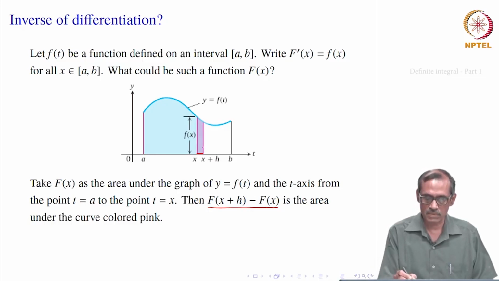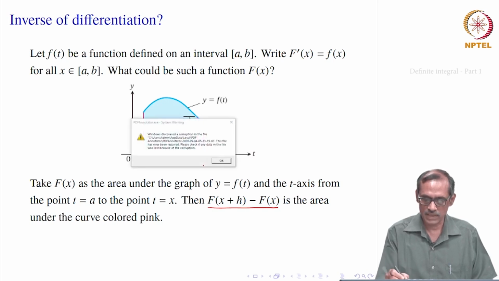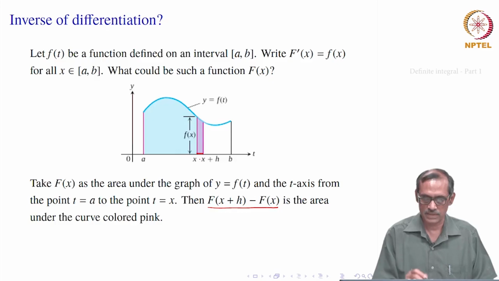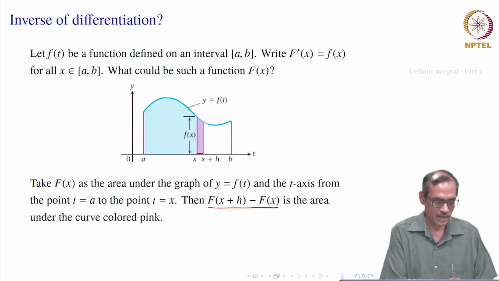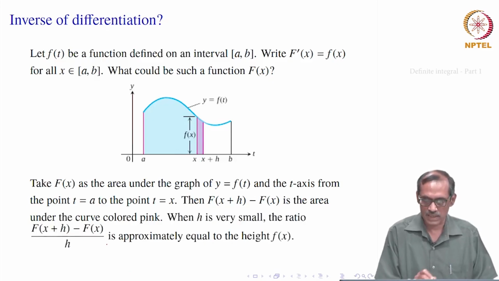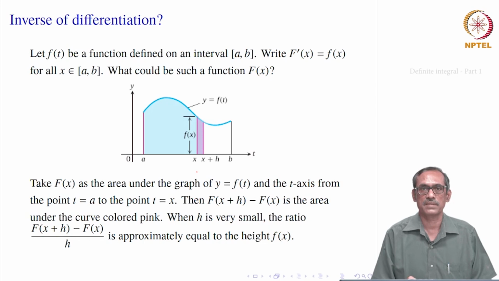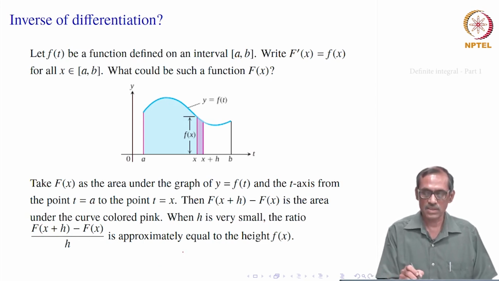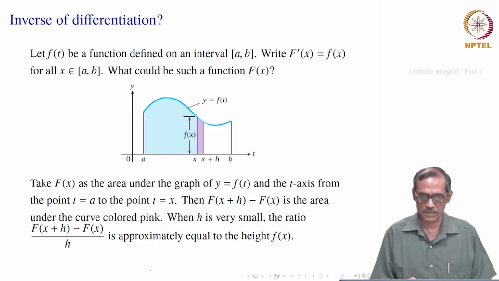That will give some average value of the heights, and when this h becomes smaller and smaller, we may say that we reach the height f of x. That is the intuitive notion behind getting this function capital F of x.